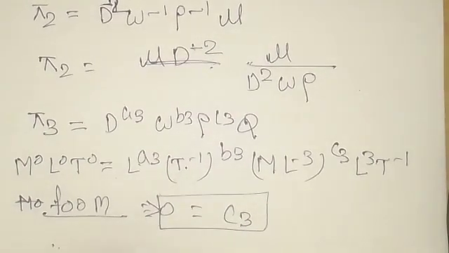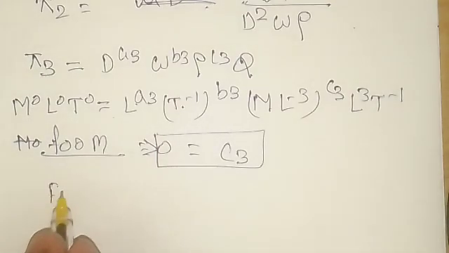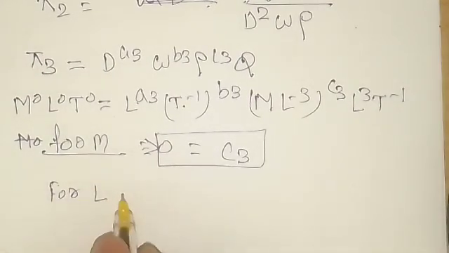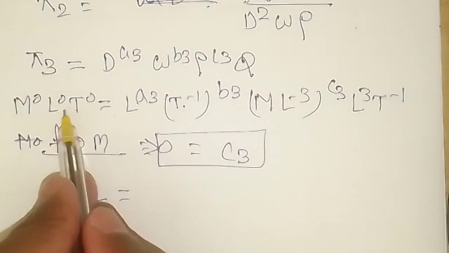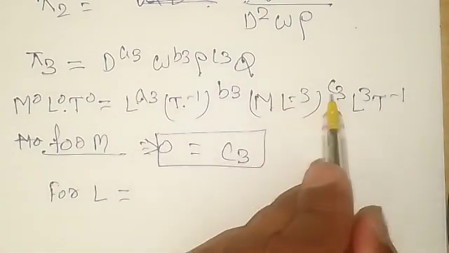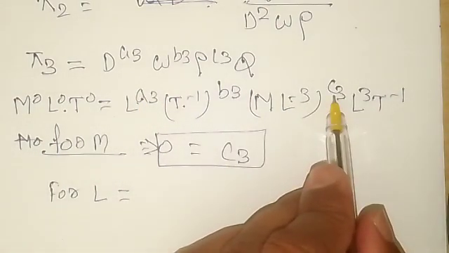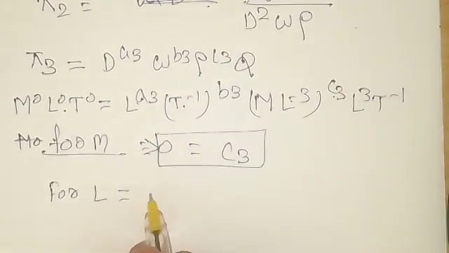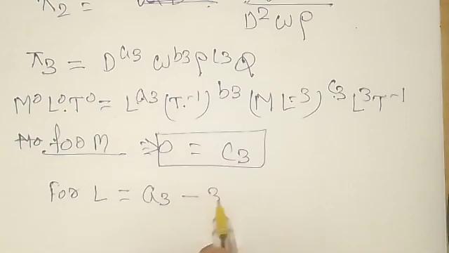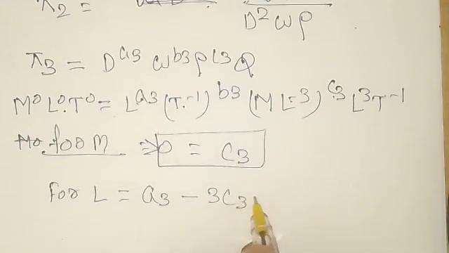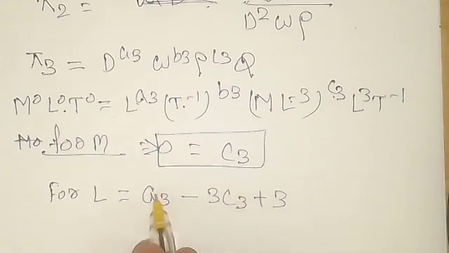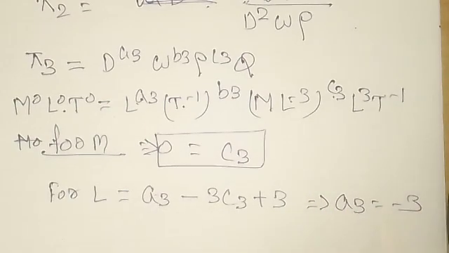Okay, then for L, we have L power 0, L power a3, L power minus 3c3 and 3, so we can write it here, that is a3 minus 3c3 plus 3. Very carefully, c3 is 0, so a3 plus 3 is 0, so a3 is equal to minus 3.